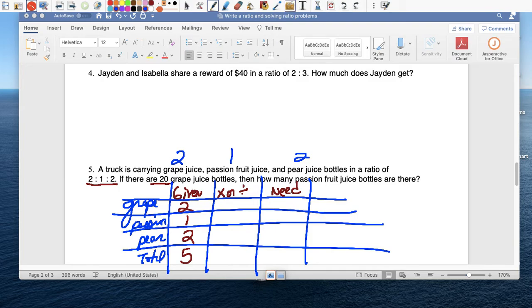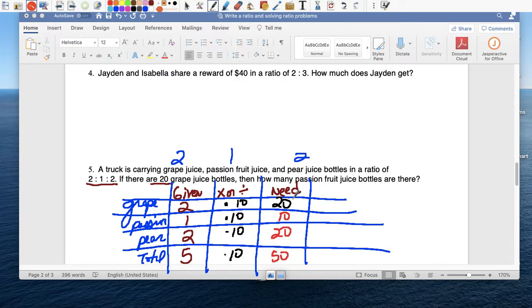Let me change another color. Put purple, black. 20. How did the 2 become a 20? Times 10. So I'm going to multiply all the others by 10, by 10, by 10. Now I get 1 times 10 is 10, 2 times 10 is 20, 5 times 10 is 50.